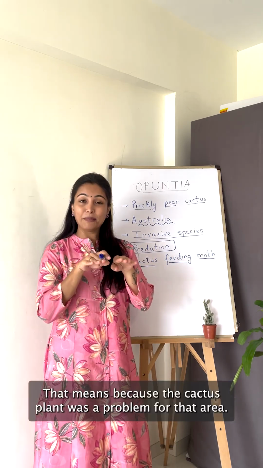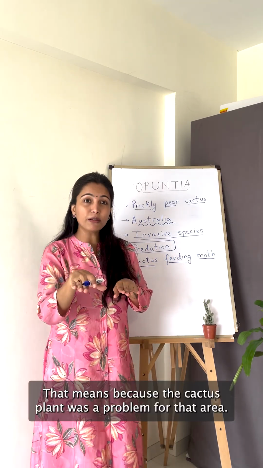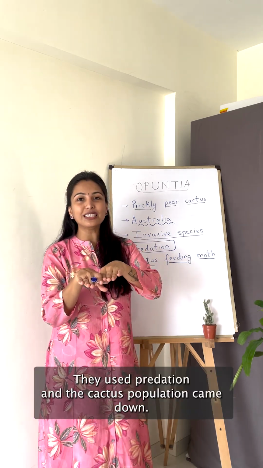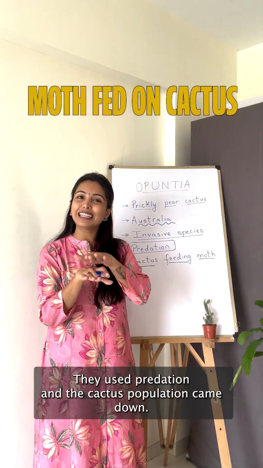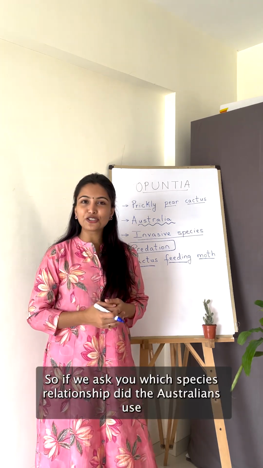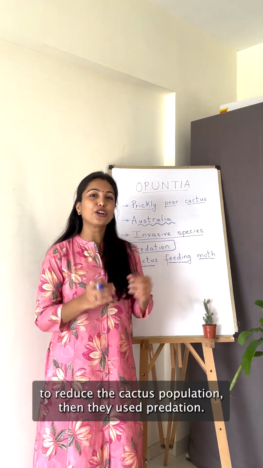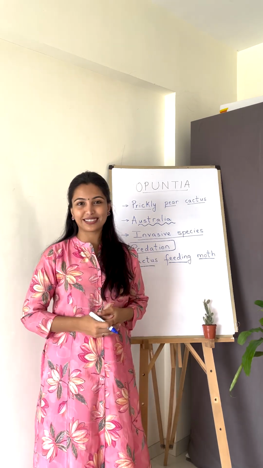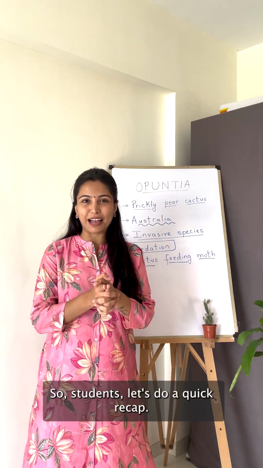That means because the cactus plant was a problem for that area, they introduced a moth, they used predation, and the cactus population came down. So if we ask you, which species relationship did the Australians use to reduce the cactus population? Then they used predation.